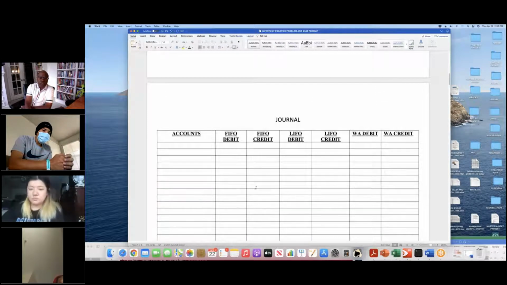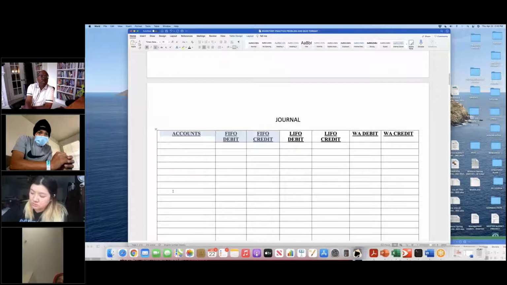When we do the journal, to simplify it, I've got a little different format. All you have to worry about today is the FIFO columns, debit and credit. So you're just working with the first 3 columns in those 3 journal entries that we made, the purchase and the sale.